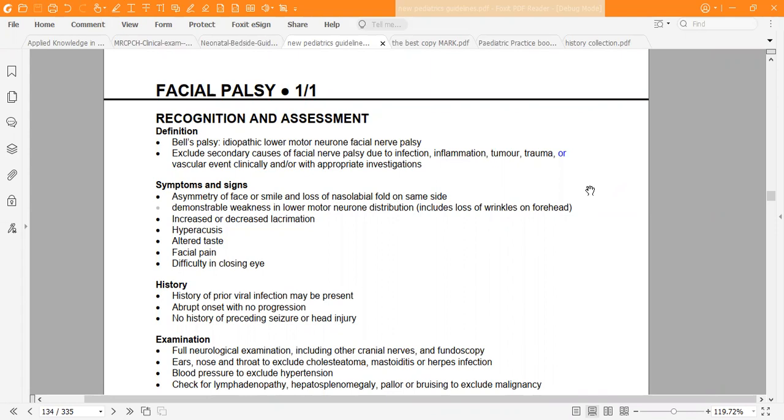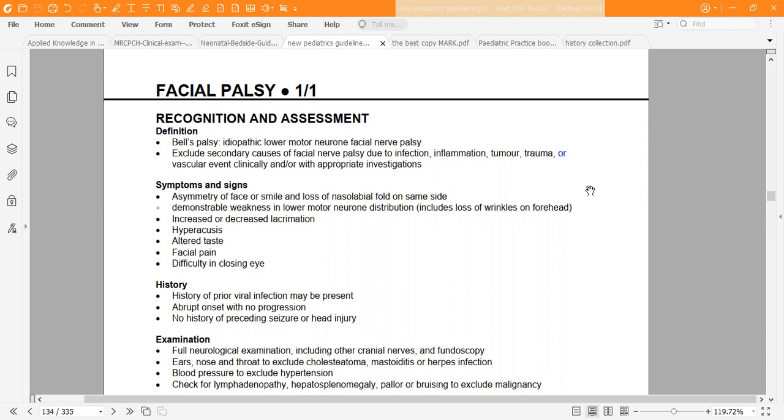Today I want to read the facial palsy guidelines from the Green Book as well. It's very important and very common. A clinical exam, it comes up mainly in the video station, I guess, in the clinical immersive research exams, and it could be a com as well.